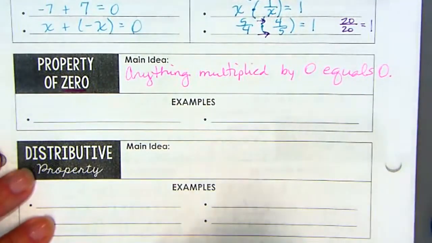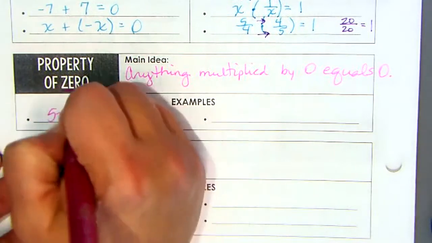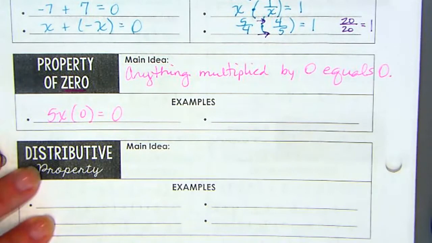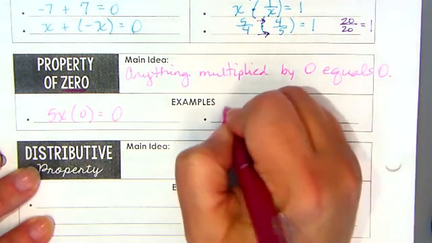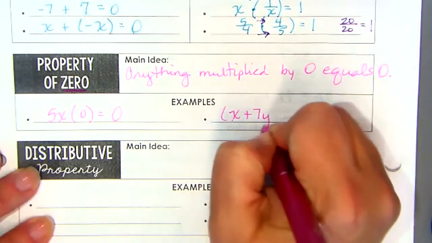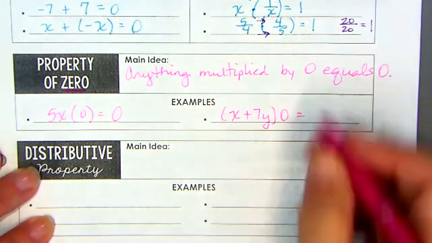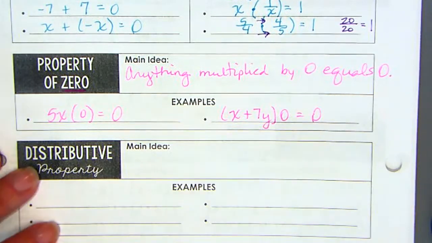So examples for this, if I do 5x times 0, that's going to equal 0. Anything times 0 equals 0. If I do x plus 7y, but I multiply it times 0, it's going to equal 0. It doesn't matter what you multiply by 0, it equals 0.